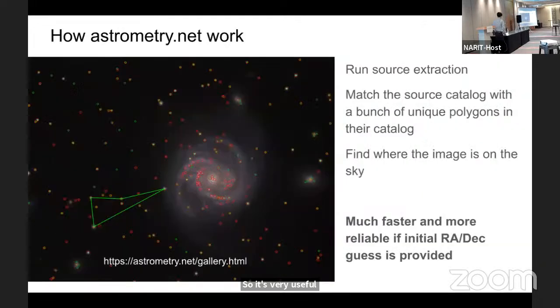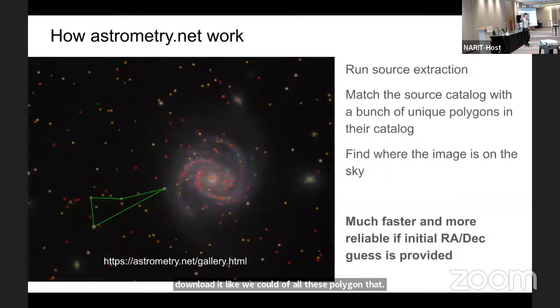The way it works is quite fascinating. It's based on pattern matching with polygons on the sky. If you try to install astrometry.net on your own computer, you have to download gigabytes upon gigabytes of all these polygons that it uses.